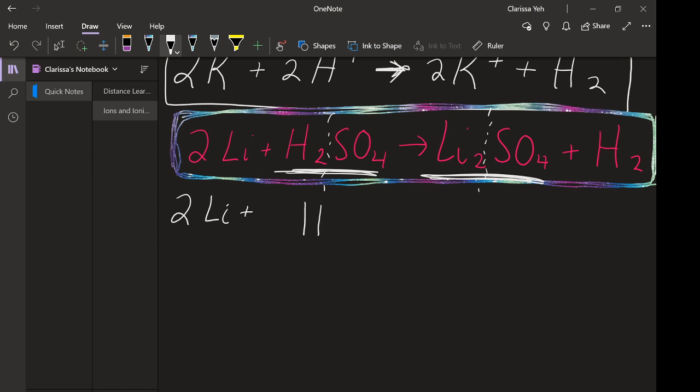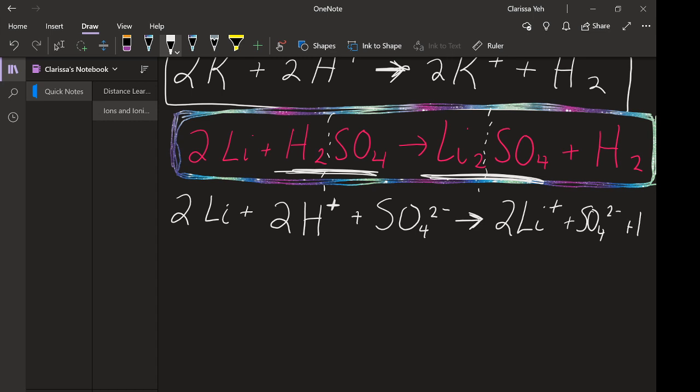Each hydrogen has a H 1 plus charge, and I have 2 of them. I only have one SO4, and that has a 2 minus charge. My lithium has a 1 plus charge, and I have 2 of them. My SO4 has a 2 minus charge, and then my H2 is just the same.